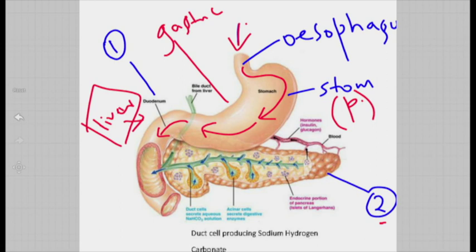The liver produces bile. This is very important. The liver produces bile, which is a greenish, yellowish fluid. And this bile flows down the bile duct. This is the bile duct here. Bile duct from the liver. So it goes like that.